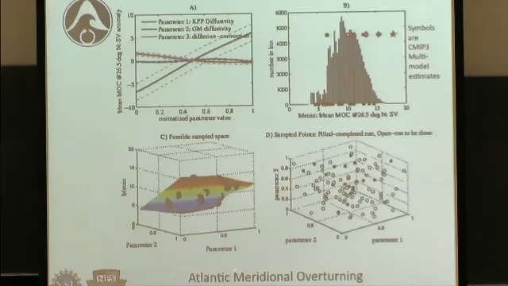We can look at another one, the MOC in the North Atlantic. This is at 26 north. And we can see again the 3 different parameters. On this one, the primary influence on the solution is the KPP quantity, and it's a fairly linear response to it.